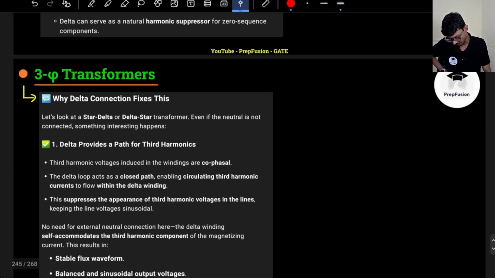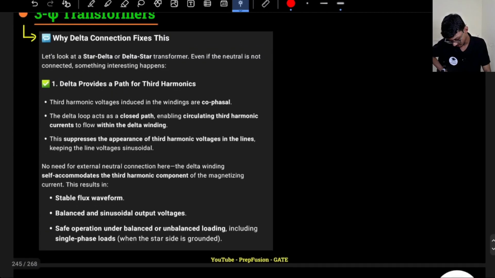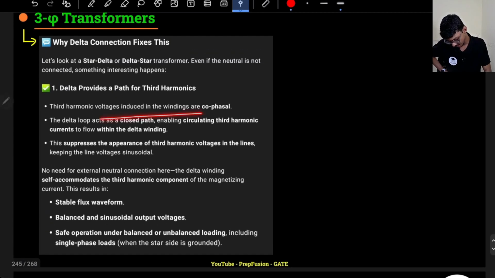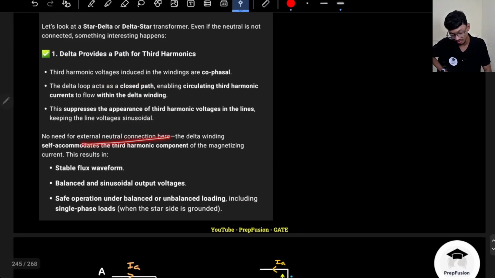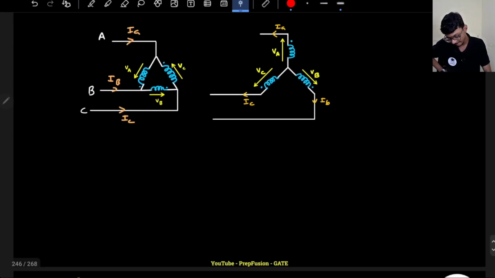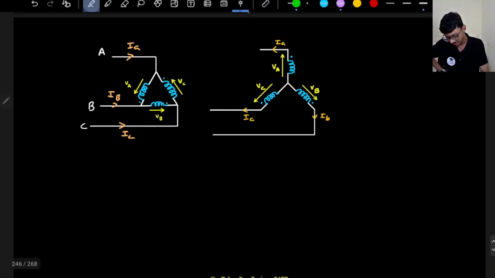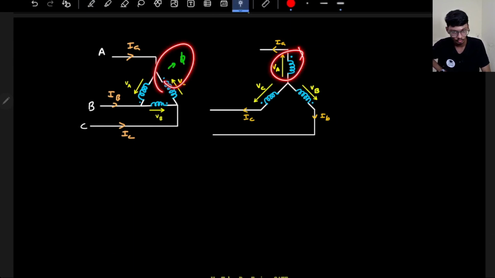So those are a few conclusions. Let me read this. The same thing is written over here: delta provides a loop. So in delta, there is no need for an external neutral connection. Here I don't need to connect the neutral, because my flux is purely sinusoidal and the same flux will flow through this winding as well.